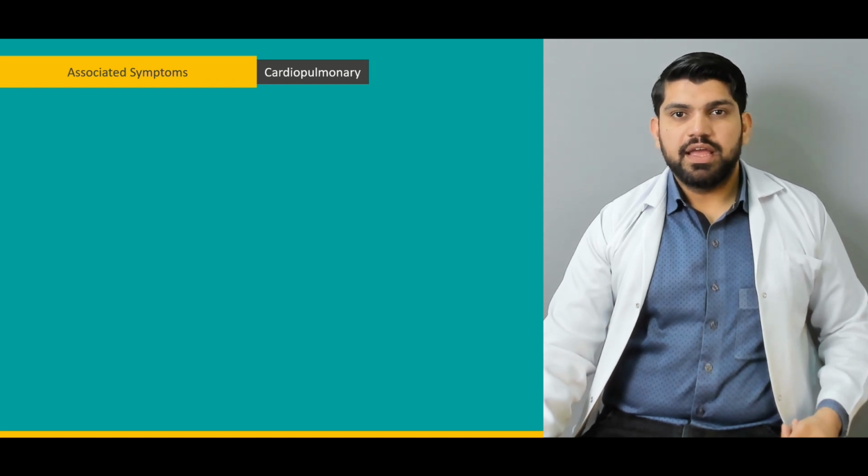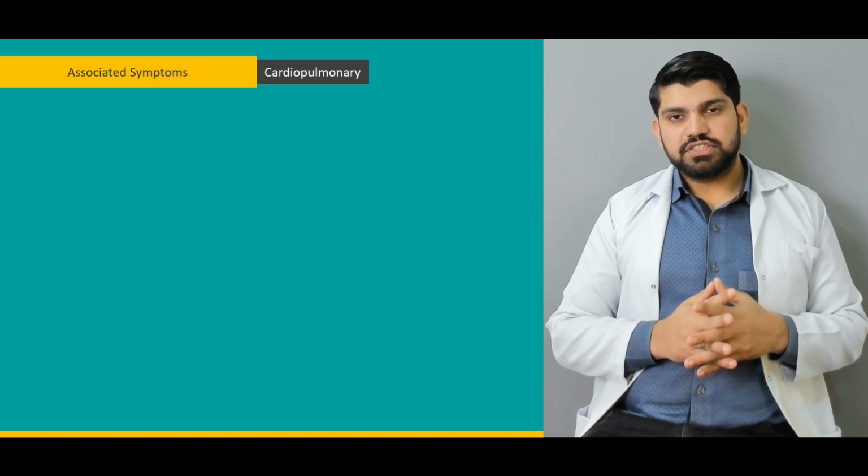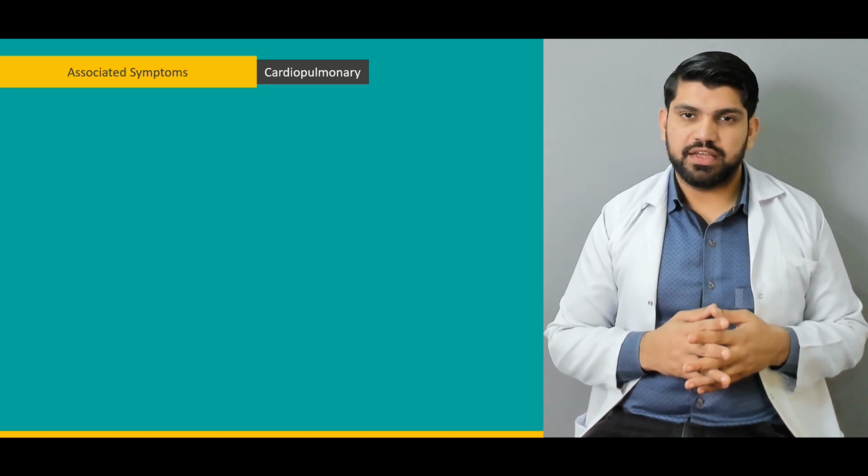Cardiopulmonary. This needs to be emphasized. At times, there's a patient who has multiple risk factors, especially diabetic patients. You cannot be sure, if a patient presents with abdominal pain, whether it is abdominal in origin or whether there is an underlying cardiac manifestation. In diabetes specifically, there is neuropathy.